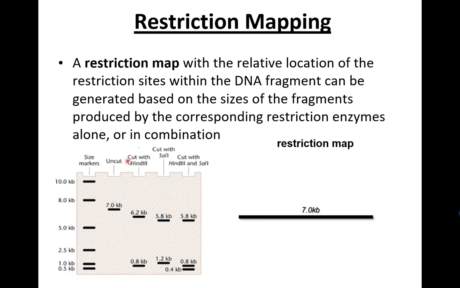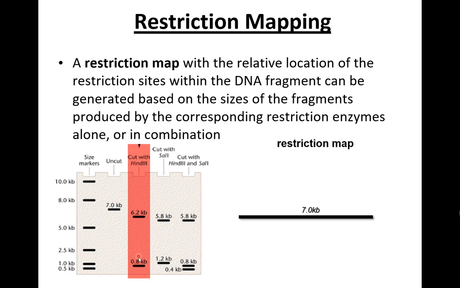Well, first you look at one digestion at a time. First, HIM3. The gel shows us that this 7,000 base pair band, once digested with HIM3, breaks down into two fragments, a 6.2 kilobase one, so 6,200 base pairs, and a 0.8 kilobase one.